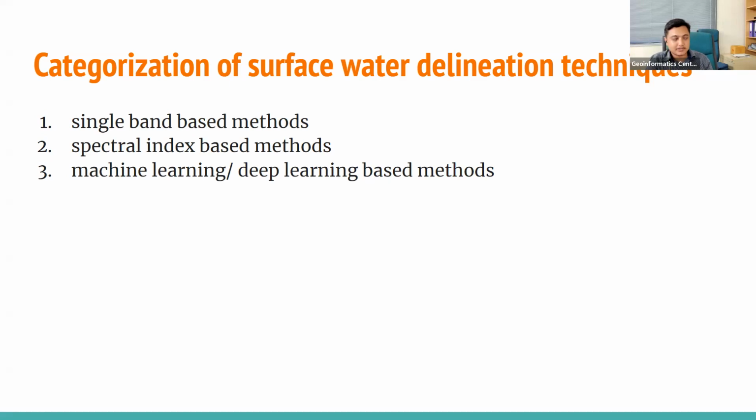Basically in the machine learning based method we try to train a regression model or a classification model. When we train those models we need to give them some input so that the model can learn that this is the water body, and then we use that trained model to do the predictions.